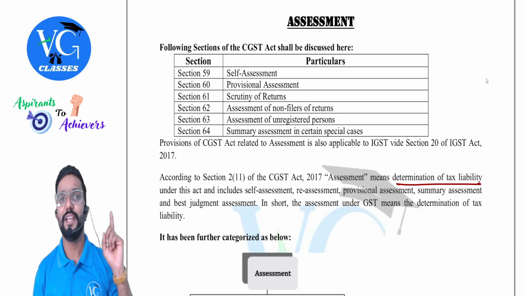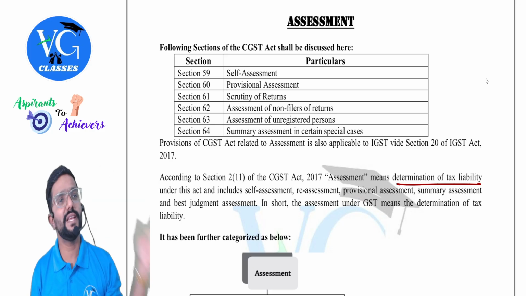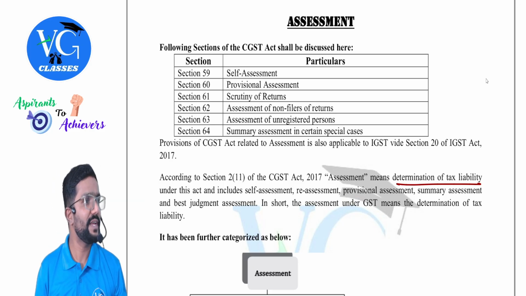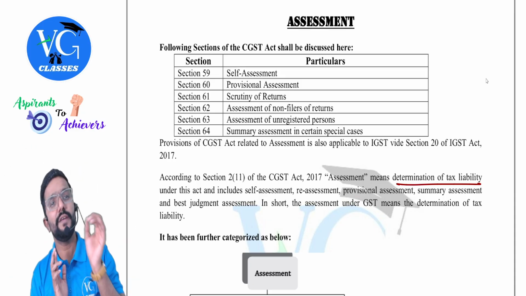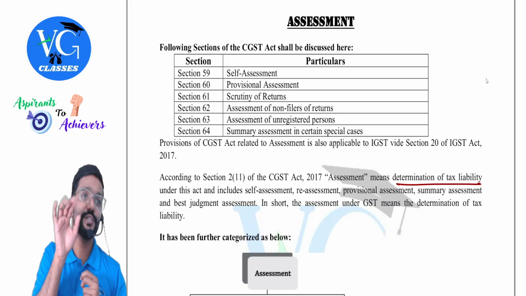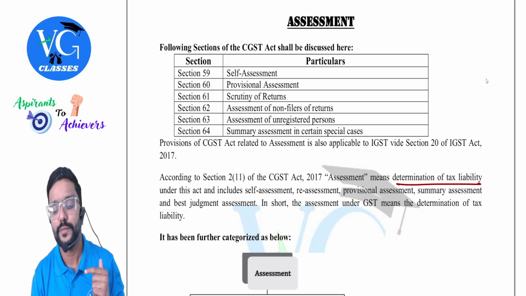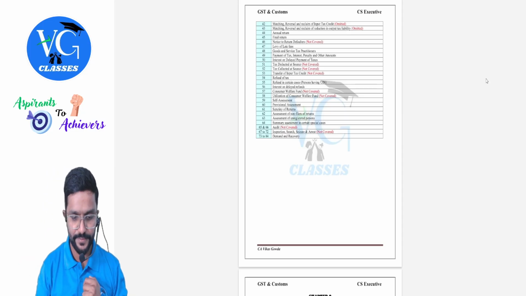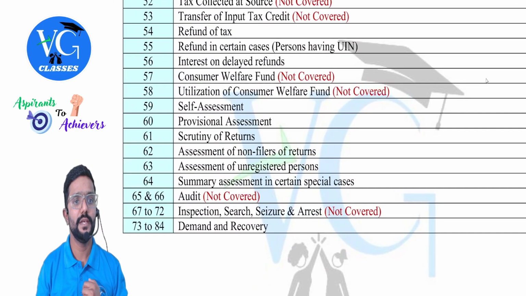In the refund topic we learned 54 and 56. 55 is not a part of your syllabus. But anyway, the topic is there. 55 as a section is not covered for you, but the topic is there, which we already learned even in the registration topic. I will just show you the section numbers. Till 53 we have written. Okay. Next.